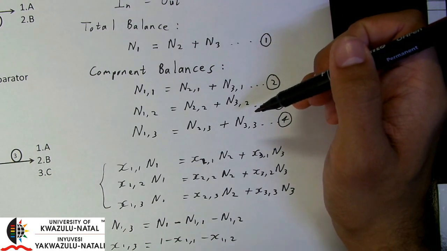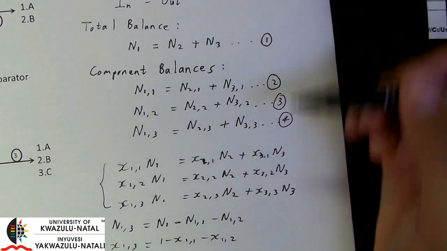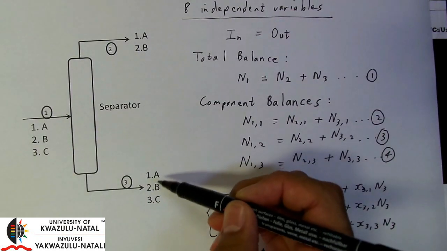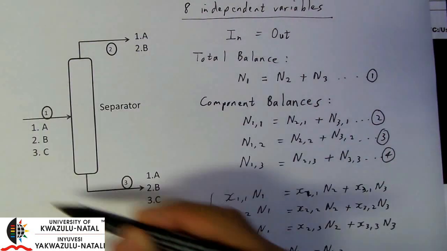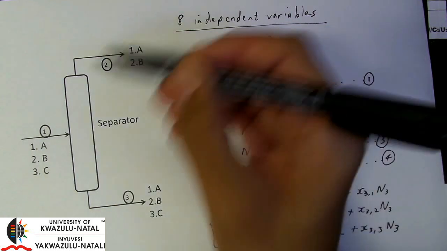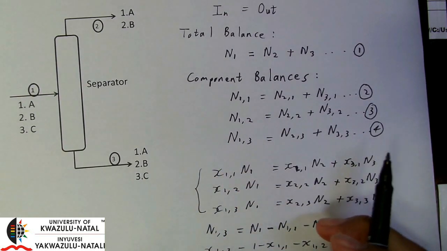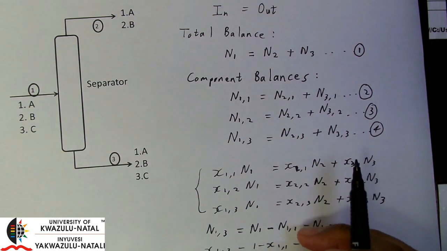In general, for any separation unit, we can simply count the maximum number of components related to this unit, and that will be the minimum number of independent balance equations.